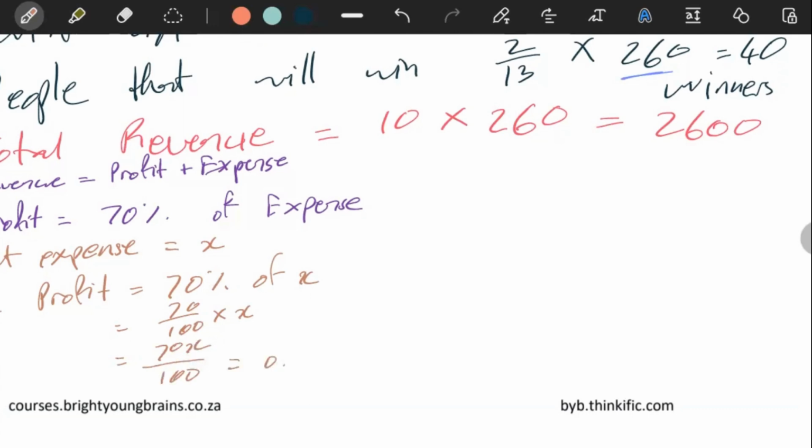This is just 0.7X. So this is what profit is. Profit is 0.7X, and expense we say is just X.